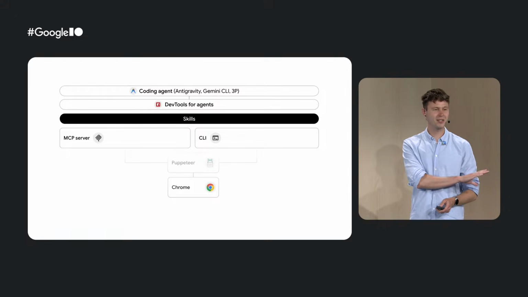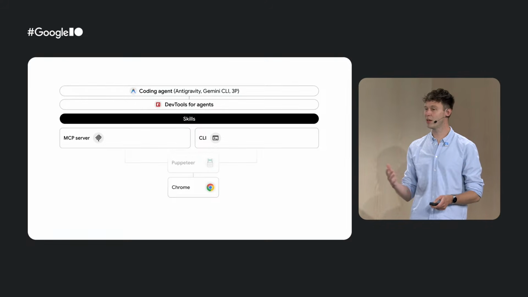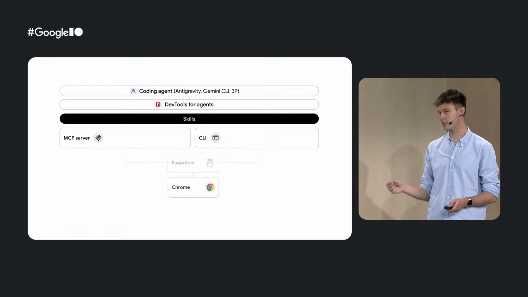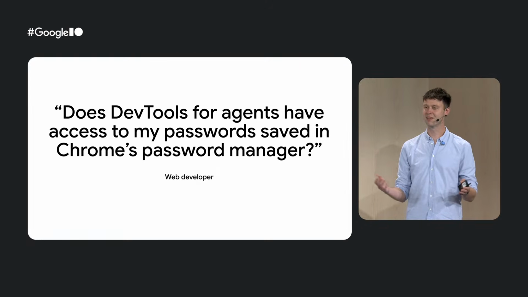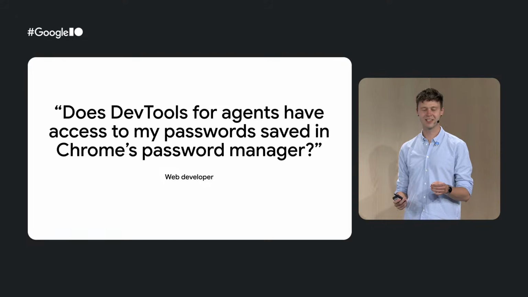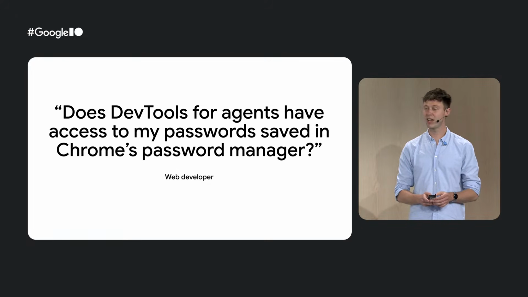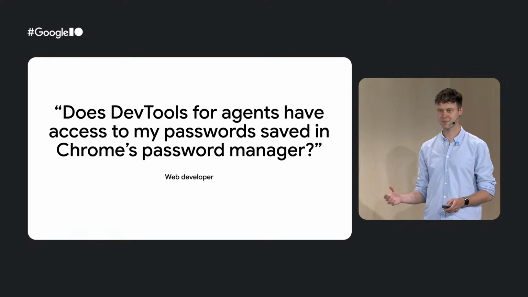And before we get into those, knowing Puppeteer is the layer in between might also help you better assess security and when to use Chrome DevTools for Agents. For example, under one of our recent YouTube tutorials, someone asked, does DevTools for Agents have access to my passwords saved in Chrome's password manager?